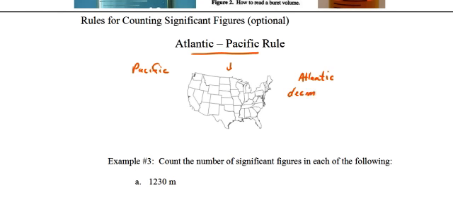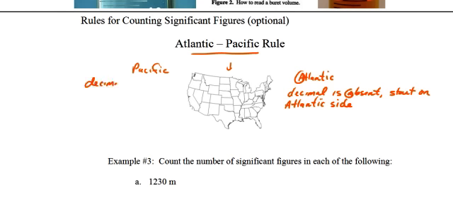So when the decimal is absent, you start on the Atlantic side, which is the right-hand side. So you have absent A, Atlantic A. When the decimal is present P, you start on the Pacific side.